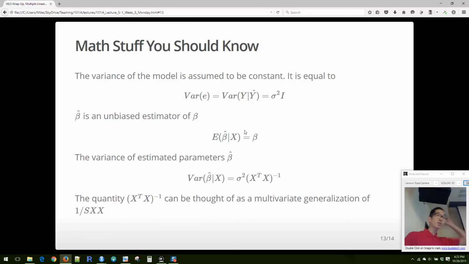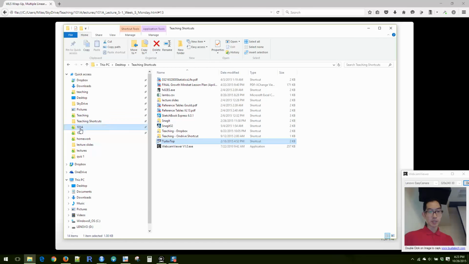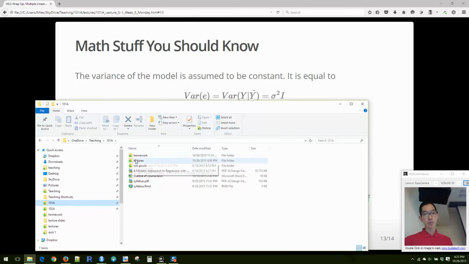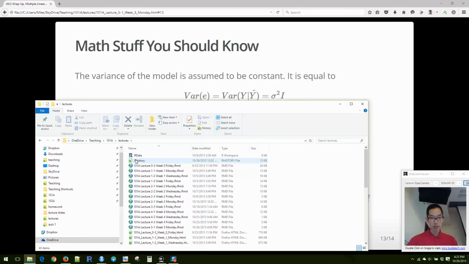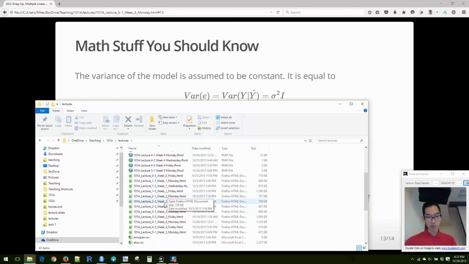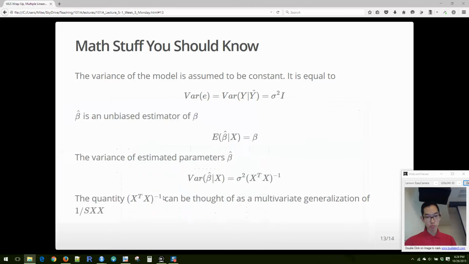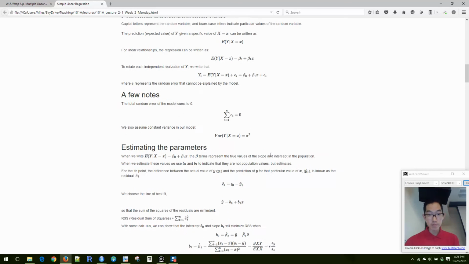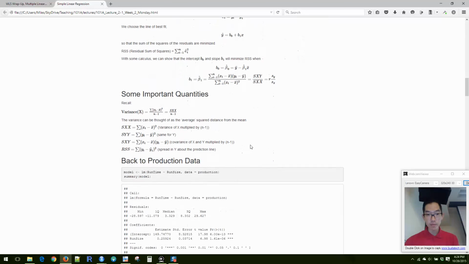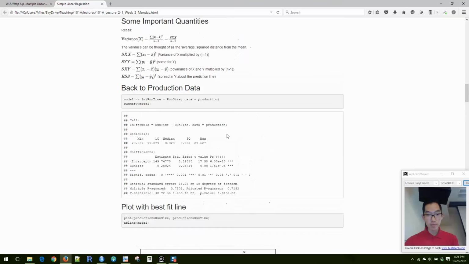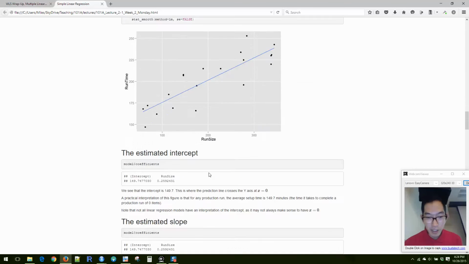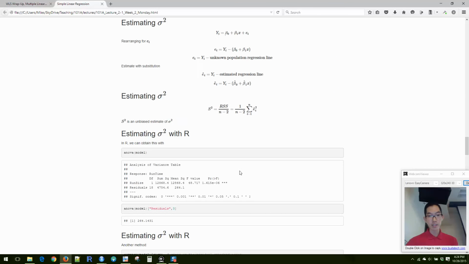If we compare the results for simple linear regression to multiple linear regression, I think you'll see a lot of similarities here. Oh yeah, here we are.